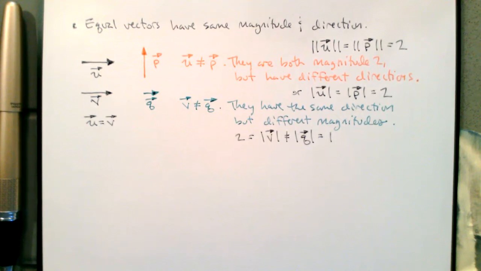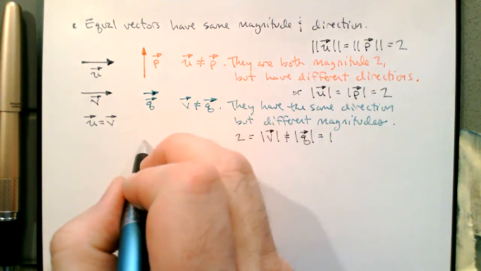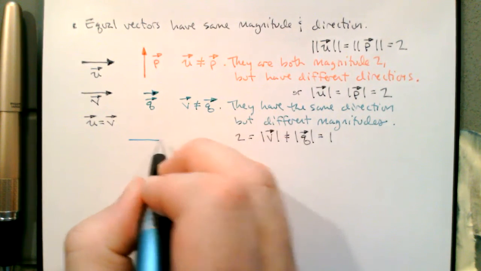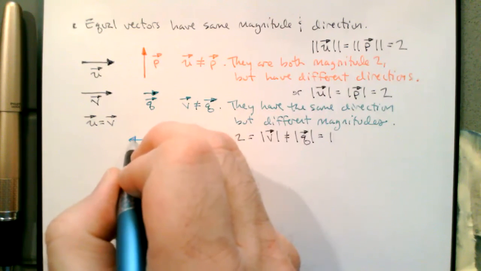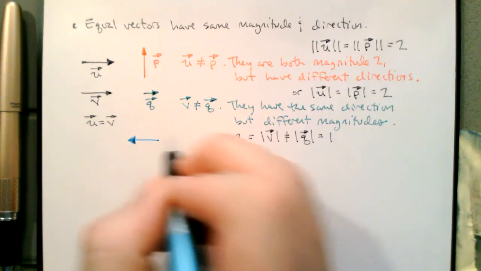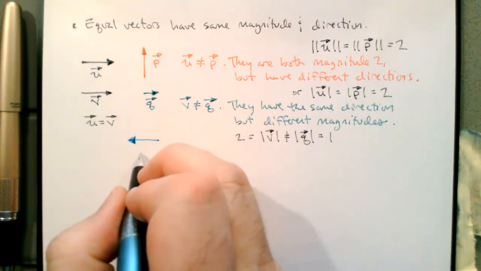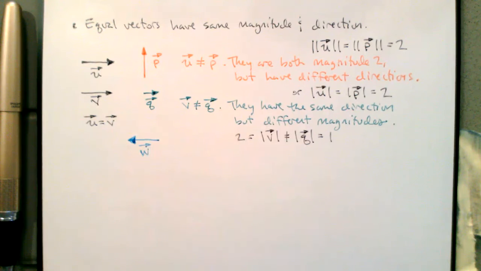If I draw a third vector, it's 2 units long, it's purely horizontal, but it's going to point in the other direction. Let's call this vector w. So notice that the magnitude of w is 2, just like the magnitude of u and v, but it's pointing in the opposite direction. So v is not equal to w, but we could say that w is -1 times v.